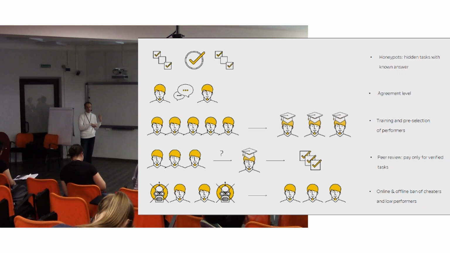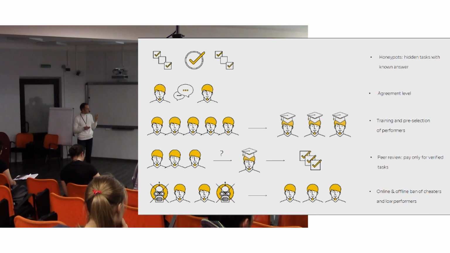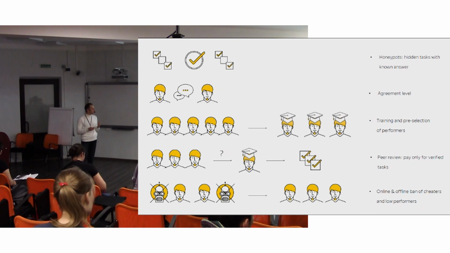So we can easily measure the quality with the percent of correctly answered honeypots, as we call them. It's the most efficient and easiest way, but the problem is that workers who do not complete many tasks may not receive any known answers. So we need some other ways too.